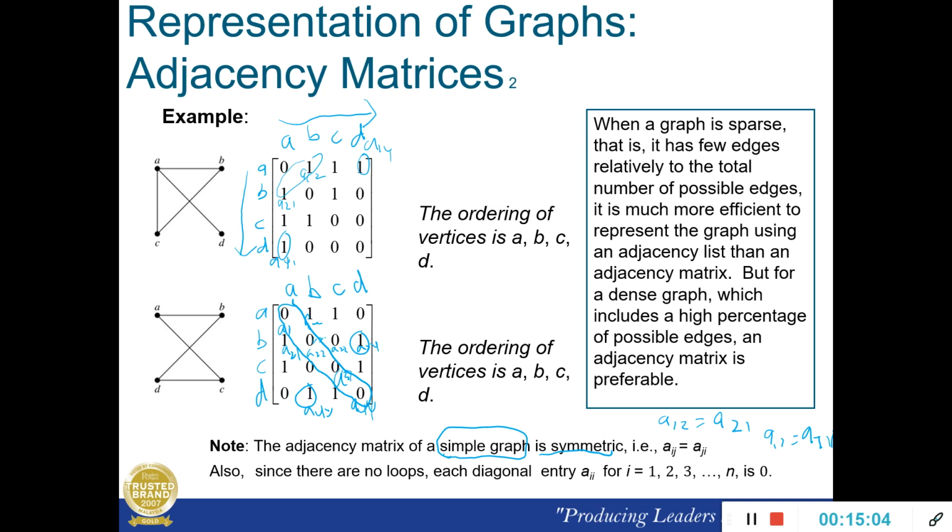Is my handwriting okay, or do you need me to erase that? So the entries a_11, a_22, a_33, a_44, and so on are 0 since there are no loops. These are the diagonal entries.